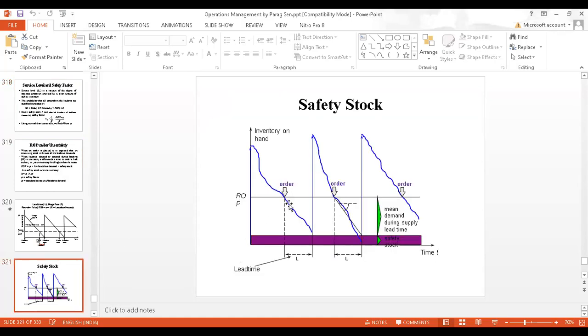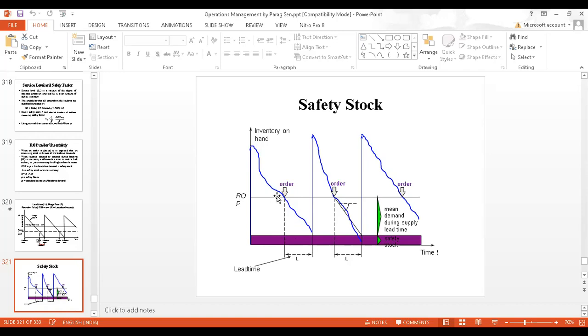That means when you place the order, from that date until you receive the order, the entire demand must be less than or equal to this amount plus the safety stock.